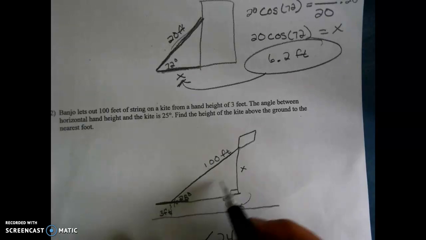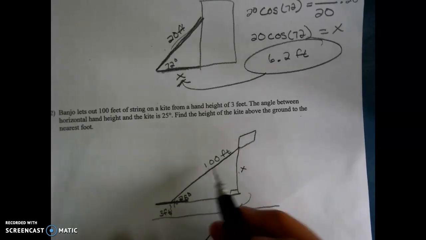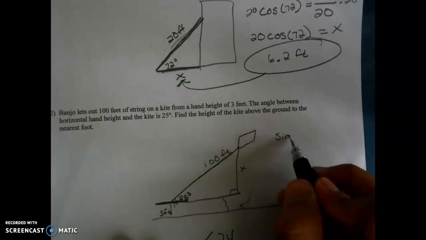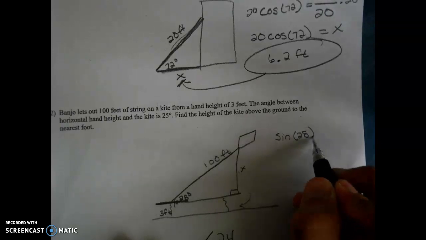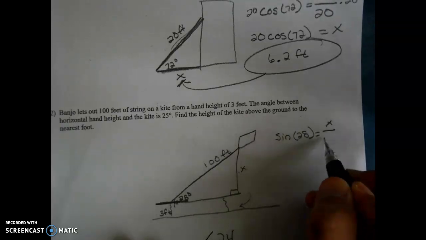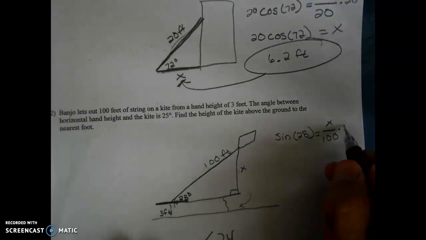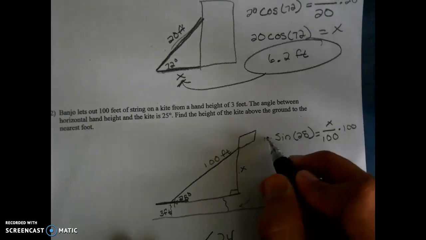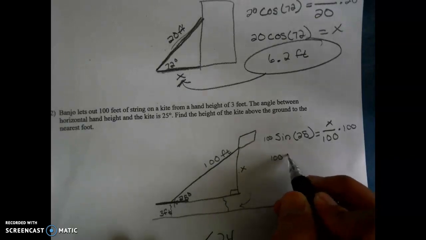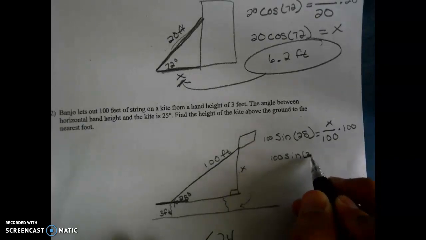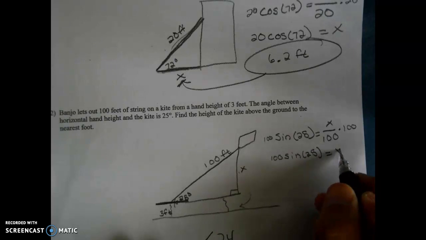Okay, well this is opposite and hypotenuse, so that's going to be sine. So we're going to have the sine of 25 is equal to x over 100. Solve for x, I'm going to multiply by 100. So I have 100 times the sine of 25 is equal to x.